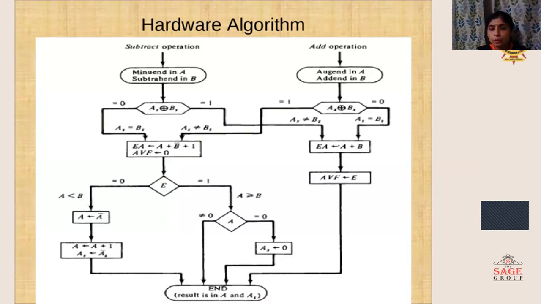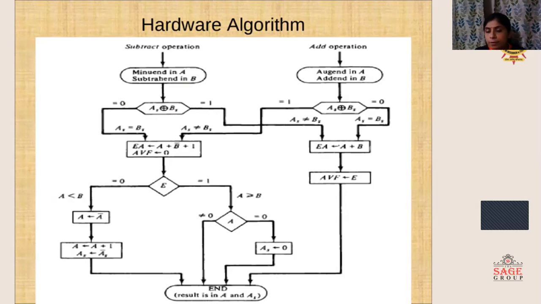As we know, if the signs are the same, meaning plus plus or minus minus, then the output will be 0, and direct addition will be performed, and that addition will be transferred to A, and the carry will be stored in E.